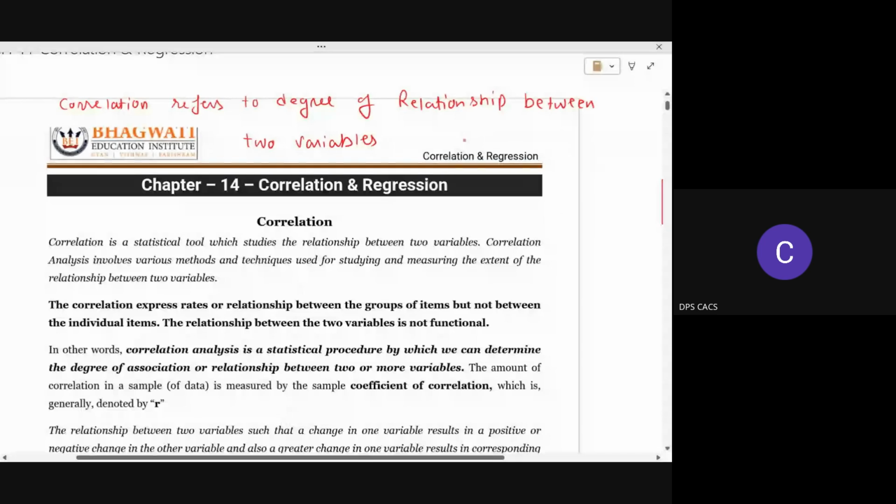It can be u and v, or y and z. So, two variables, x and y normally.